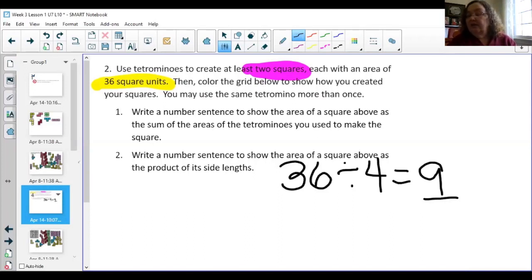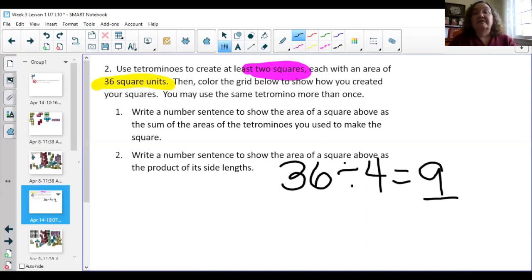Well, I know that a square has to have the same sides. All four are the same. So if it's 36 square units, I have to think in my head, what two numbers multiply together to make 36?